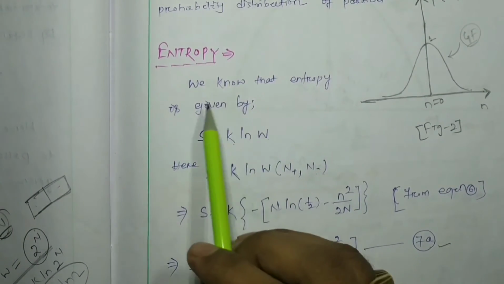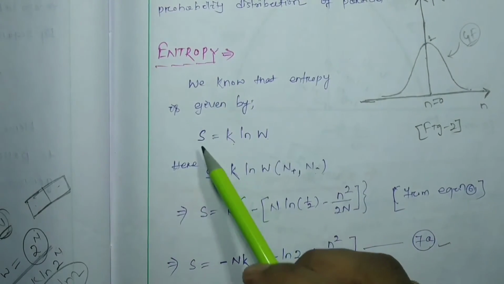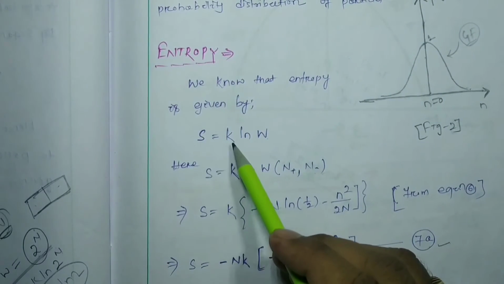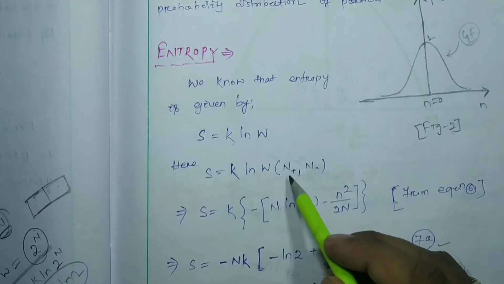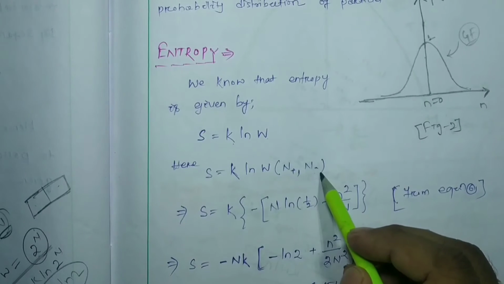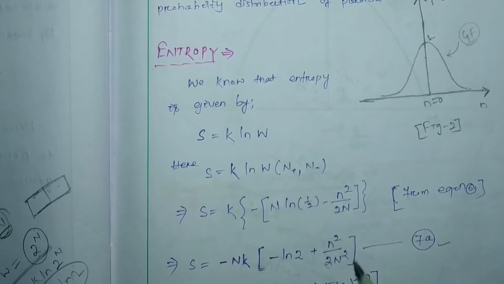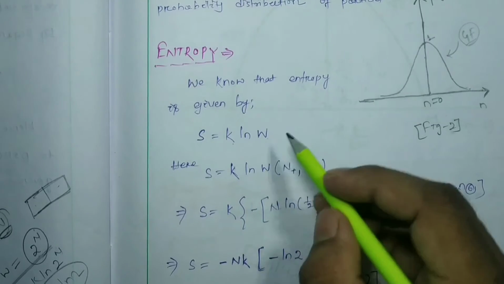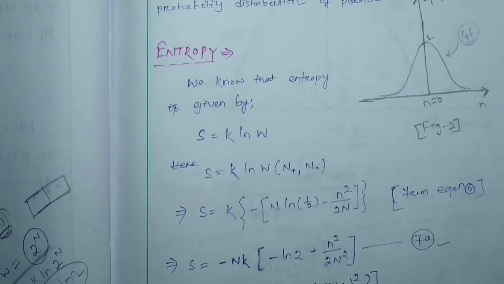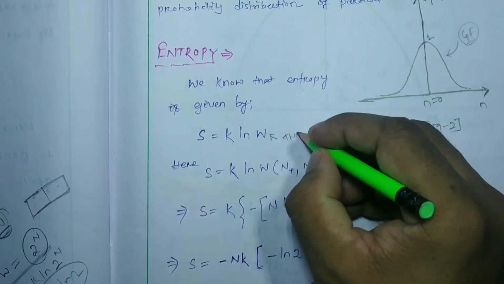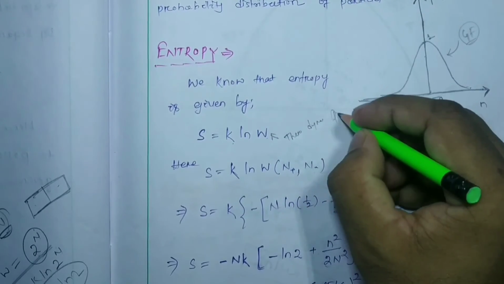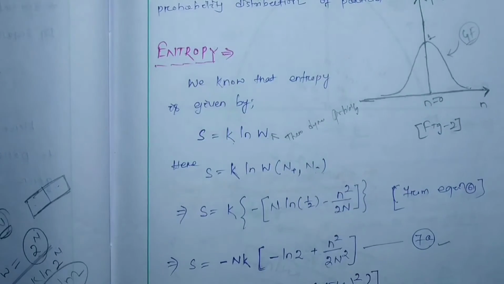So we know that the entropy is given by S equal to Boltzmann constant into ln W. Here W(n plus, n minus) represents the number of microstates of this macrostate, or it is called the thermodynamic probability. W is the thermodynamic probability of a particular macrostate.